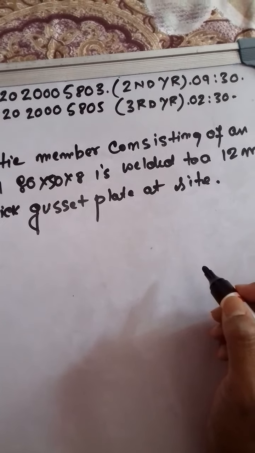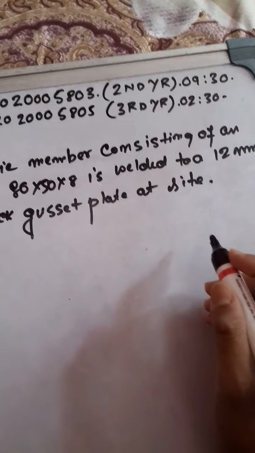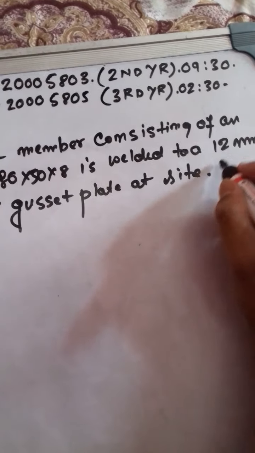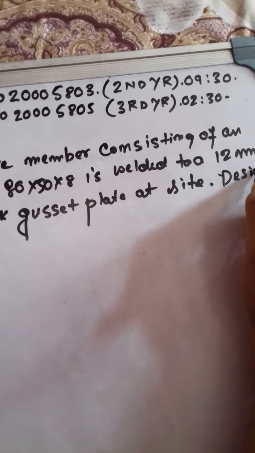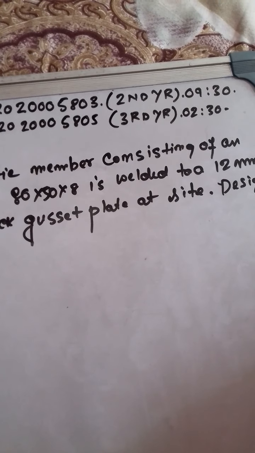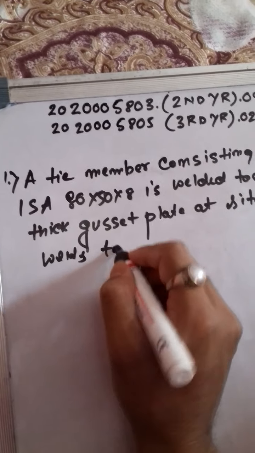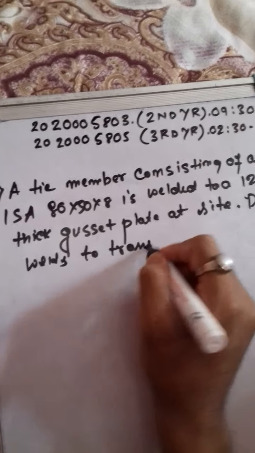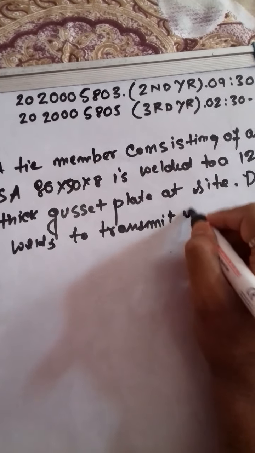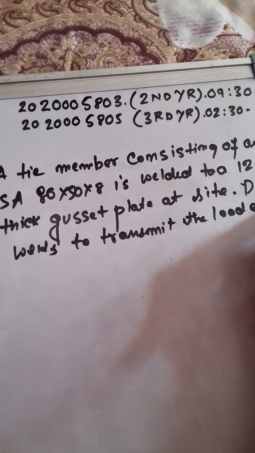Okay, so at site means you have to take the value of partial safety factor equal to how much? 1.5. Design welds to transmit the load equal to the design strength of the member.